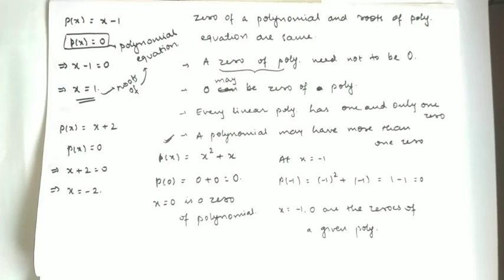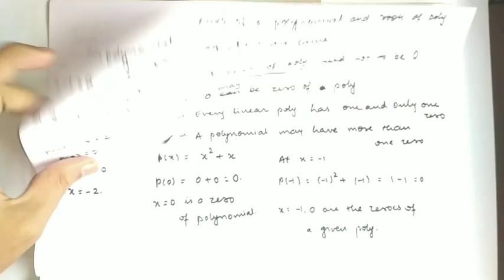We understood all the types of polynomial in our previous class. But still, in that particular class, we have understood two more types of polynomial called zero polynomial and constant polynomial. So what should be the zeros of a constant polynomial and zero polynomial? So let's try to understand that.